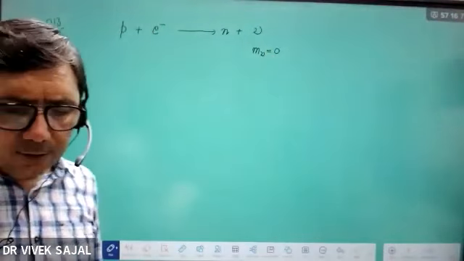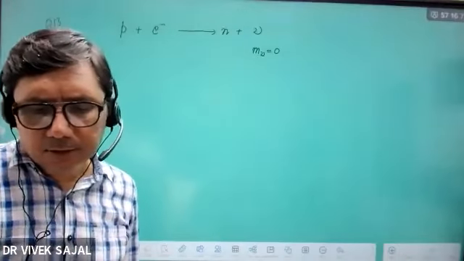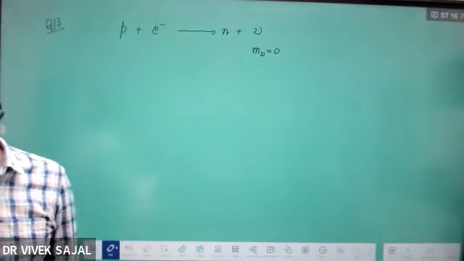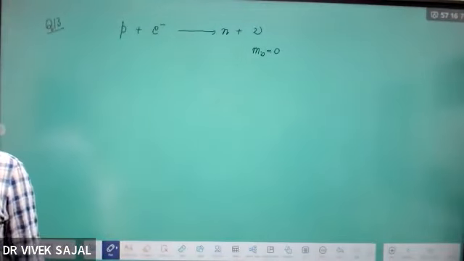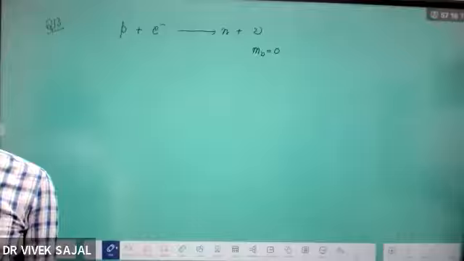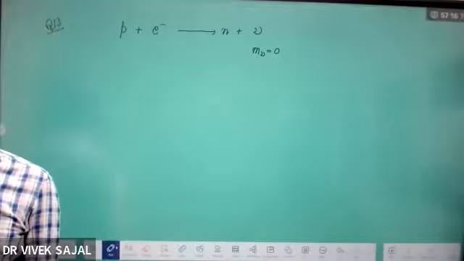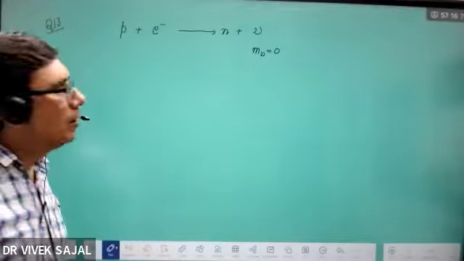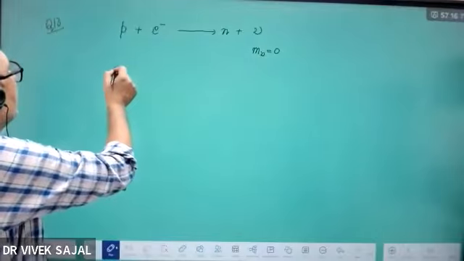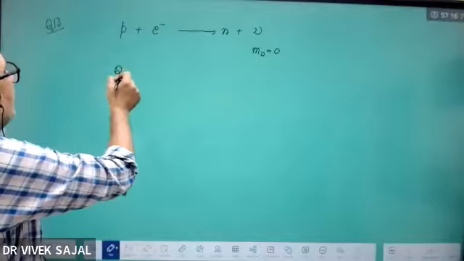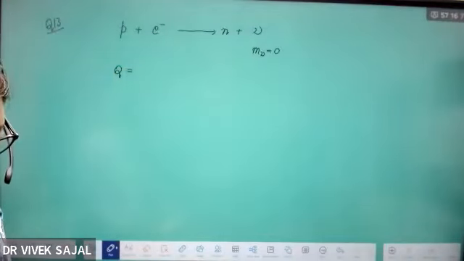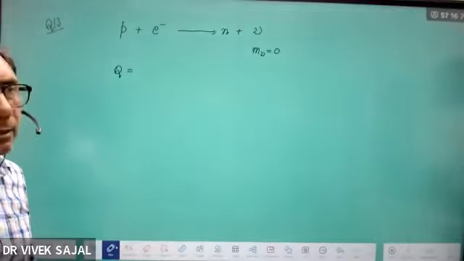The electron must have some minimum energy. In this case, the electron must have minimum energy. For such an electron, the de Broglie wavelength in picometer is. So, what will be the Q value for this? Find out the Q value. So what will it be? How much is the Q value? Tell me, beta.